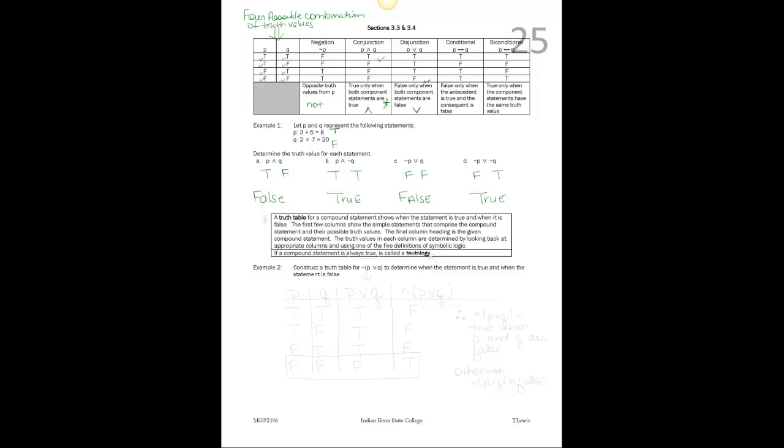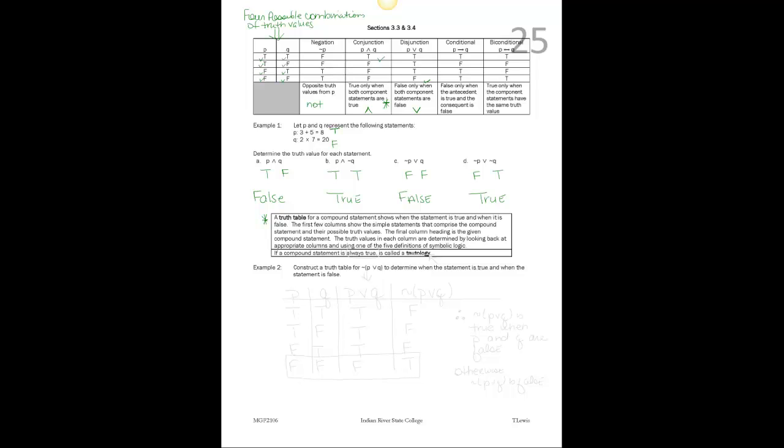Now it says here, next concept: a truth table for a compound statement shows when the statement is true and when it is false. The first few columns show the simple statements that comprise the compound statement and their possible truth values. The final column heading is the given compound statement.